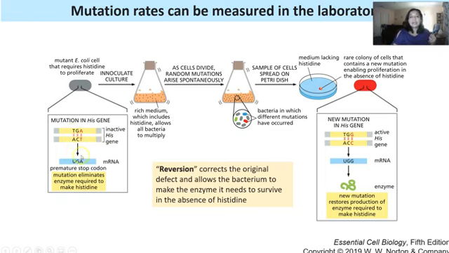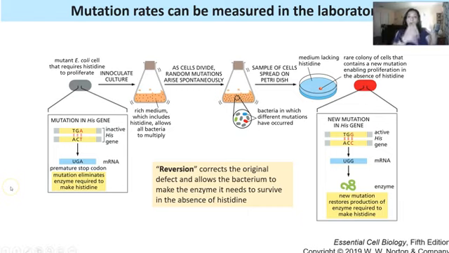The mutation has led to the mRNA containing a premature stop codon through this point mutation, this A to T change. That premature stop codon results in the enzyme not being made because the protein product is truncated and is never able to do its job, which is the enzyme that's required to prepare histidine.